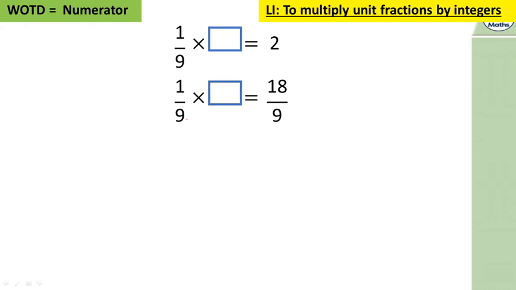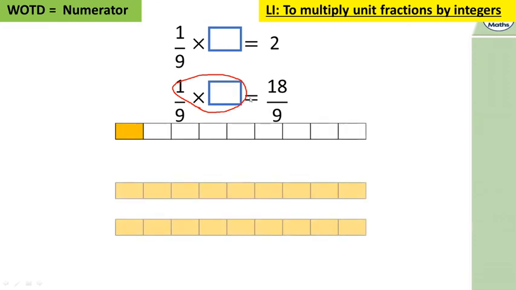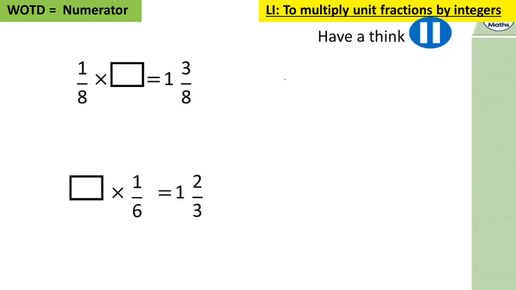So then we've got 1/9 times what is 18 ninths. Remember, when you're timesing by an integer, it's only the numerator that's going to change. So 1 times what is 18? It's 18, so we've just got the 18 blocks shaded in there. So 1/9 times 18 equals 18 ninths.